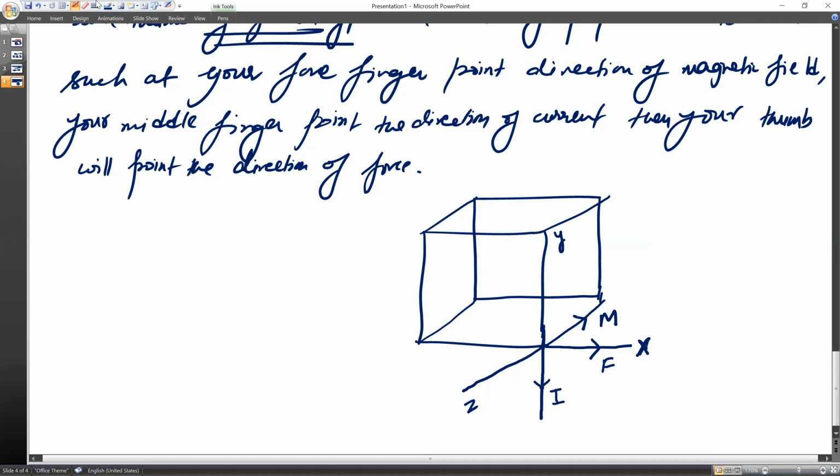Now suppose next case, I'm using different colors. If this is the force and this one is the magnetic field, then in which direction is the current going to lie?